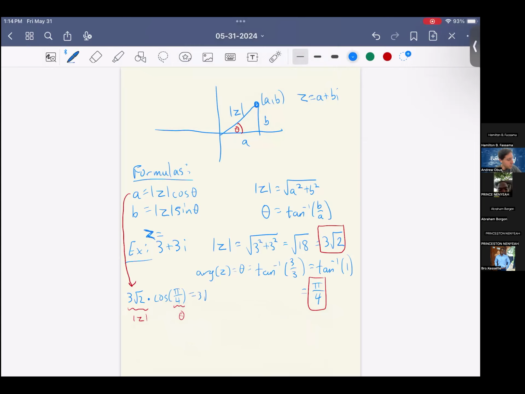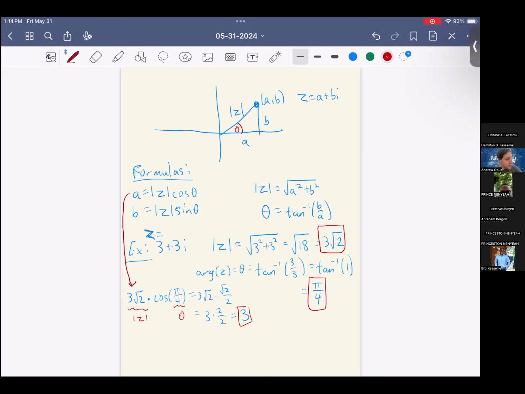That's 3 square root of 2 times square root of 2 over 2, which is 3 times 2 over 2, which equals 3. And that's exactly what we want, because our number is 3 plus 3i. So this is our way to recover A, the real part.